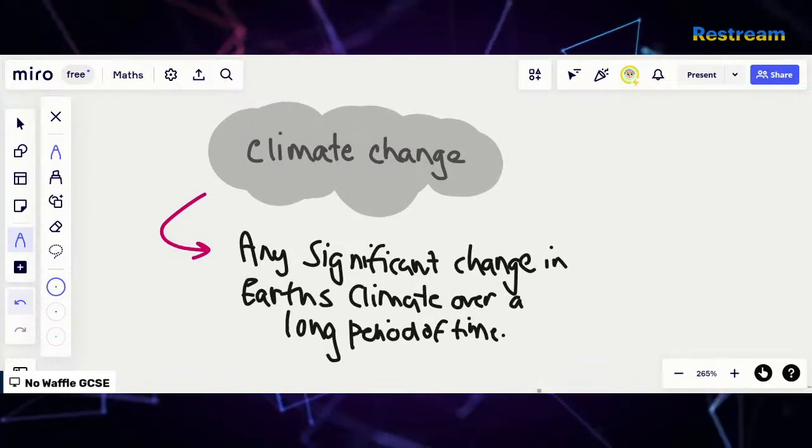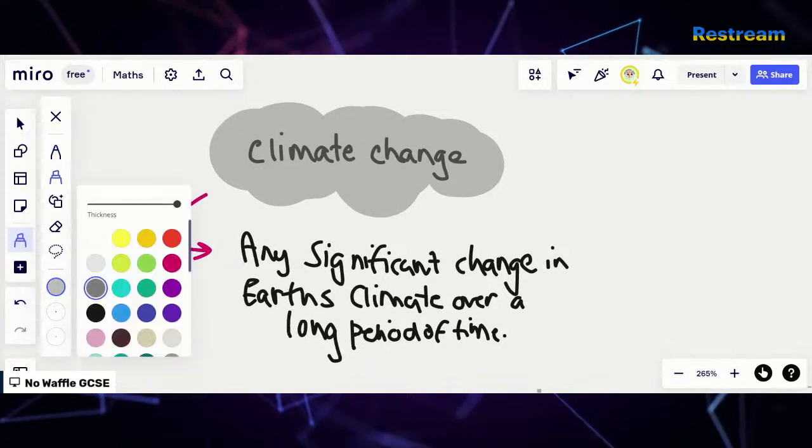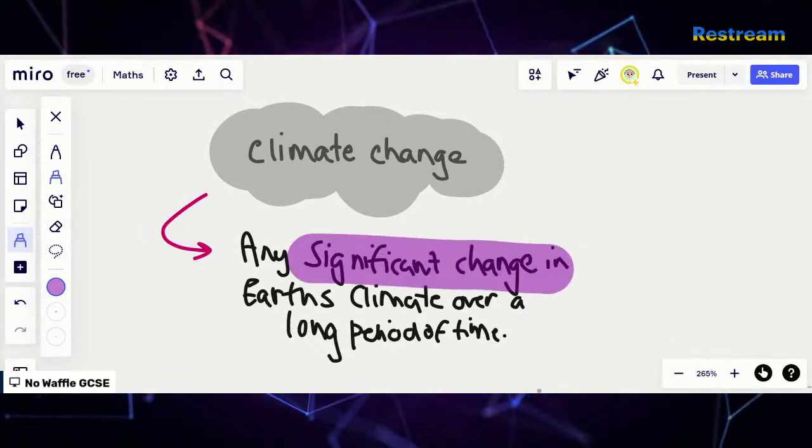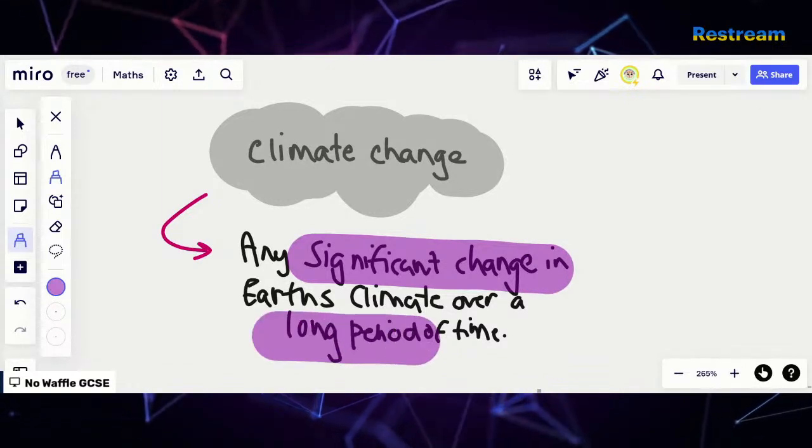Okay, so key things here that you need to know: any significant change, and also a long period of time.